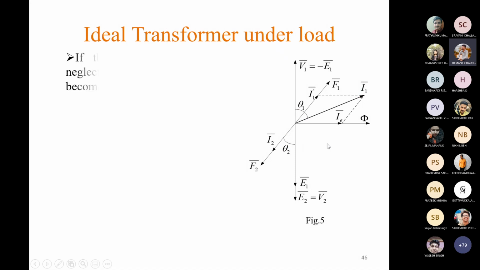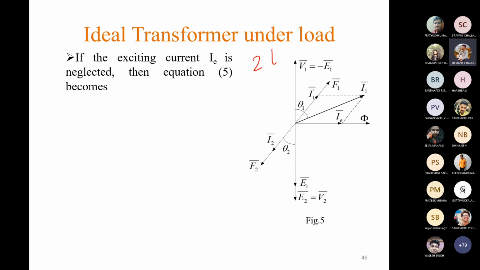Now for simplification, we can take this exciting current value as very small with respect to load current. For a practical transformer, normally the value of exciting current is about 2 to 6% of full load current, that is, of I1, the rated current of the primary side.